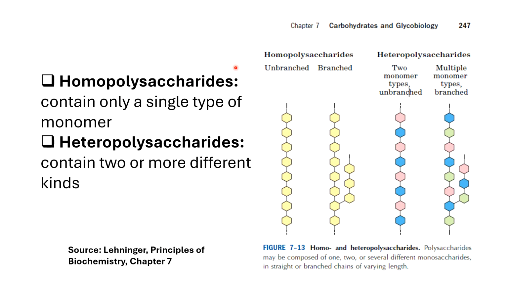Polysaccharides can be classified as homopolysaccharide, which consist of a single or same type of repeating units. Alternatively, they can be heteropolysaccharide, which contain 2 or more different kinds of repeating units. Pink is one type, blue is another type. Both homopolysaccharide and heteropolysaccharide can be unbranched or branched.